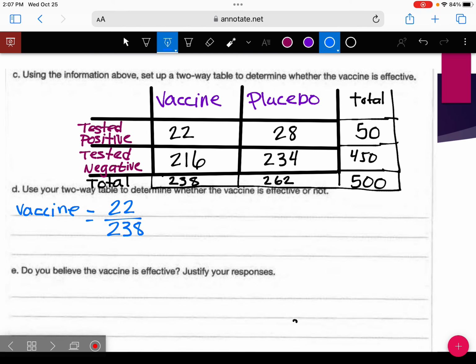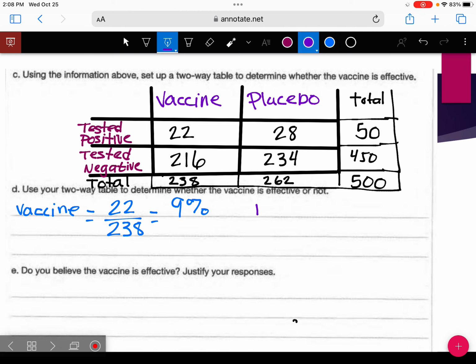What percent of people who got the vaccine got malaria? Yeah, we got 9%, or 9.2, depending on how you want to mark it.